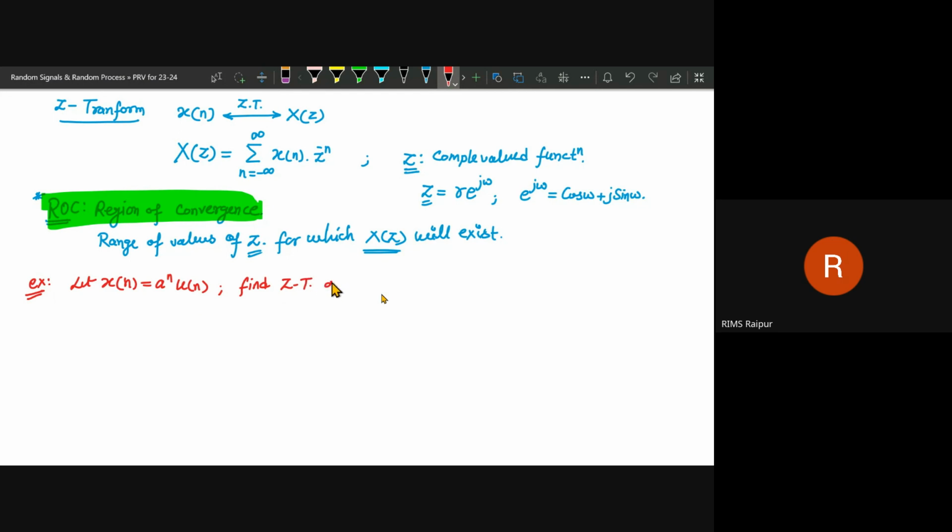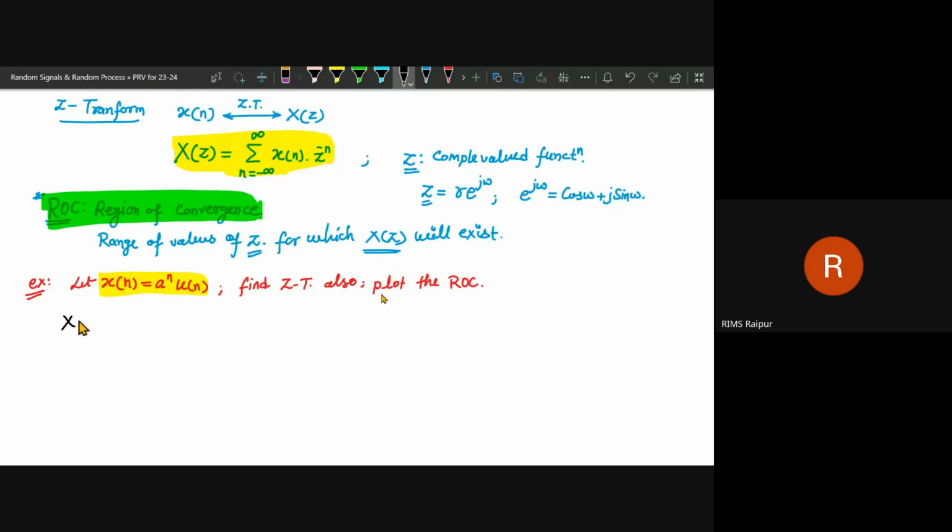And also you need to plot the ROC for this function. So this is x of n, the input sequence, correct? And we have to find X of z, that is the Z transform.